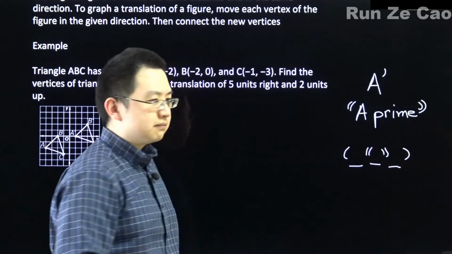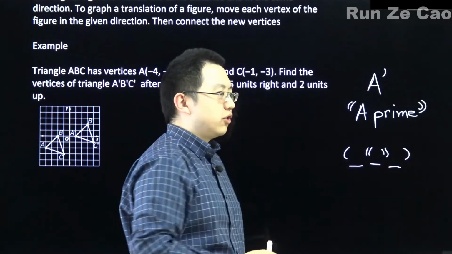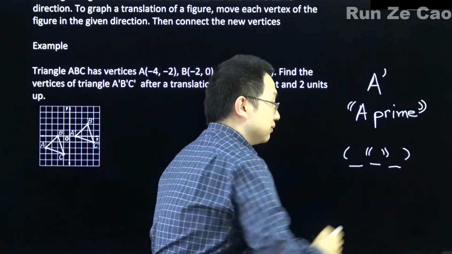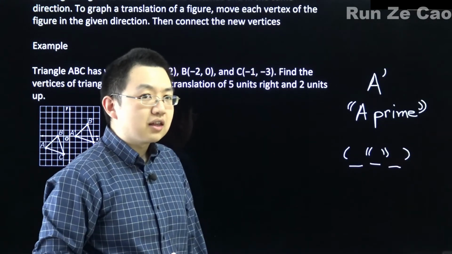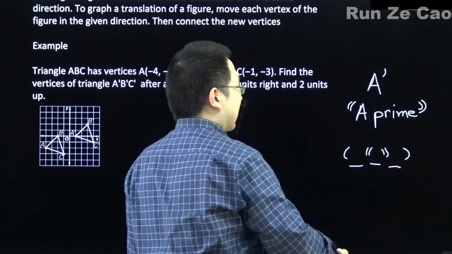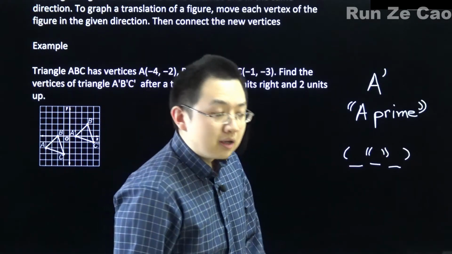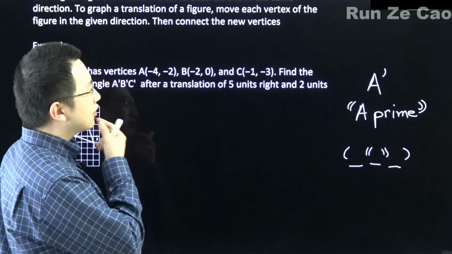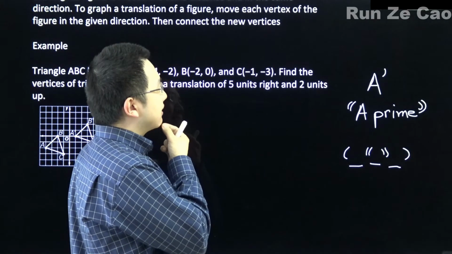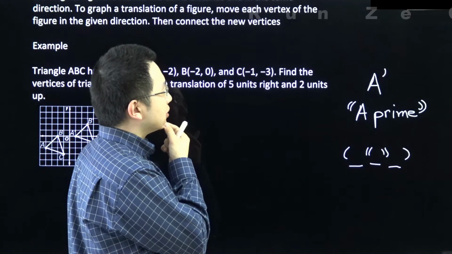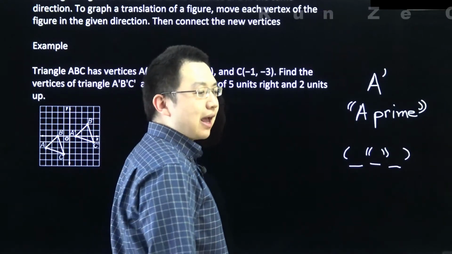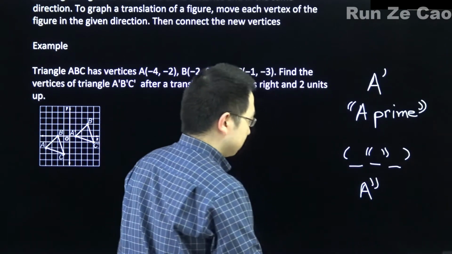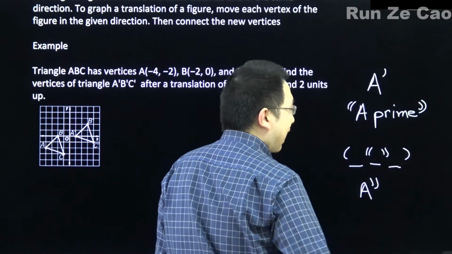Whereas in other countries, it's double quote marks on the outside and single quotes in between. I'm not sure what you call this double quote symbol depending on region. The point is that if you have A prime prime, you call it A double prime.